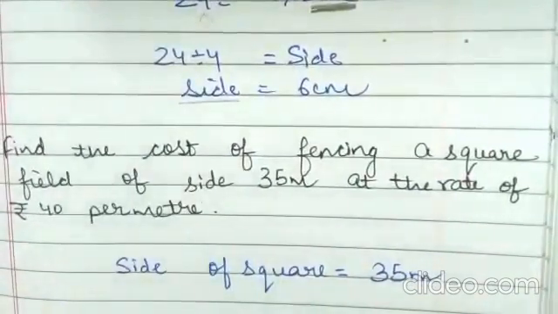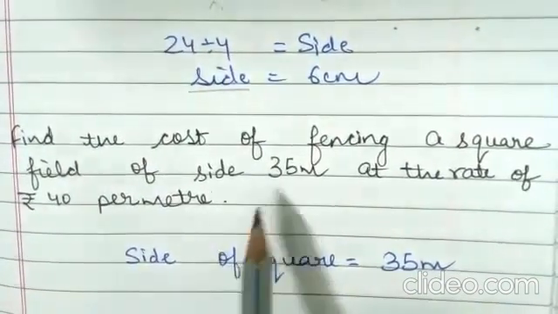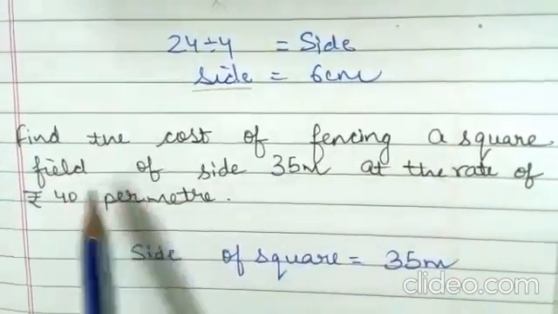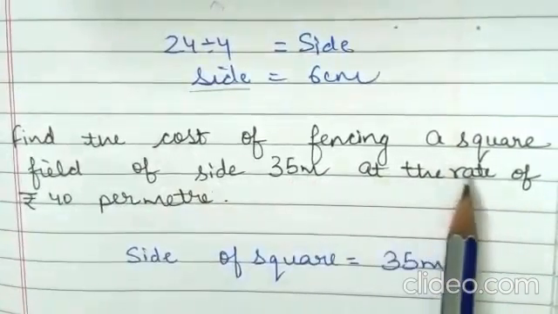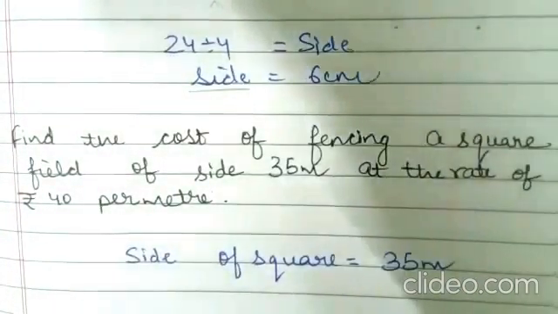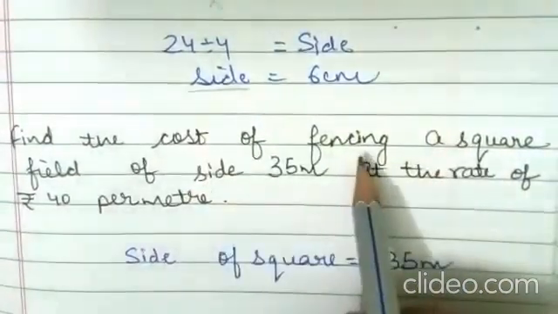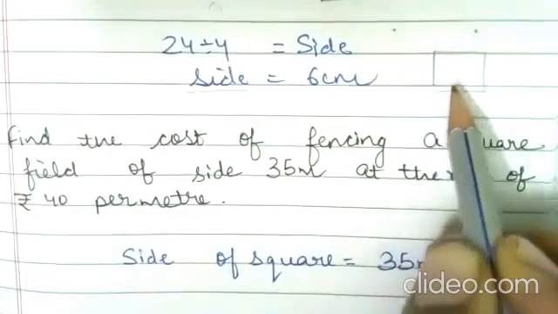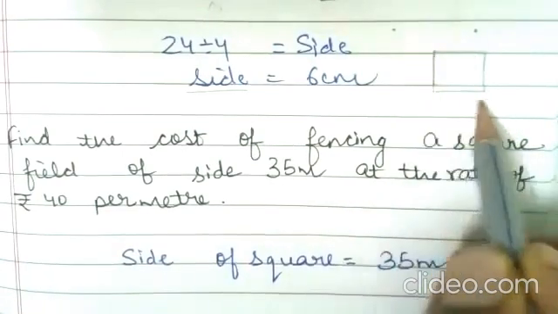Now children, the next question is, find the cost of fencing a square field of side 35 meters at the rate of rupees 40 per meter. Now children, fencing means you are making a barrier around a square field. So it means what we will find out?